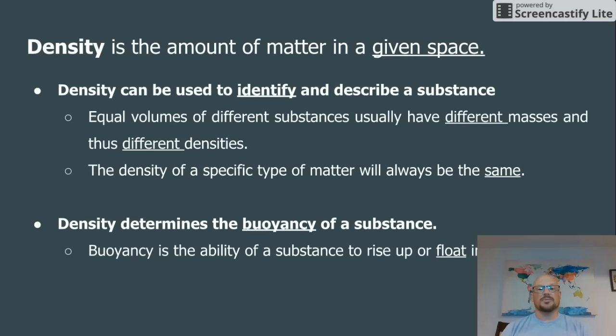Density also determines buoyancy of a substance. Buoyancy is the ability of a substance to rise up or float in a fluid. If you have an object that has less density than water, for example, it's going to float.